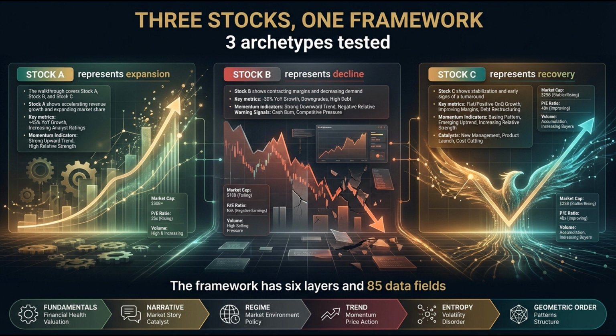Let's do it. We will first open the watching list dashboard to examine the geometric order and data structure. From there, we will test the system against 3 specific real-world archetypes. Stock A, representing pure expansion. Right. Stock B, representing structural decline. And Stock C, representing the volatility of recovery.